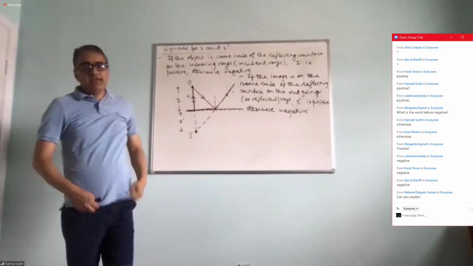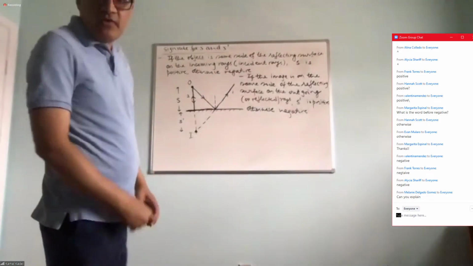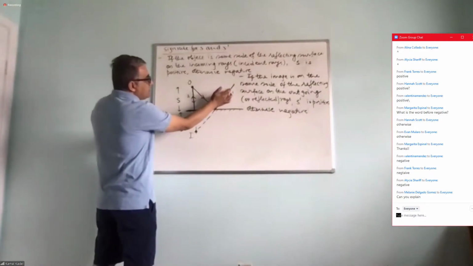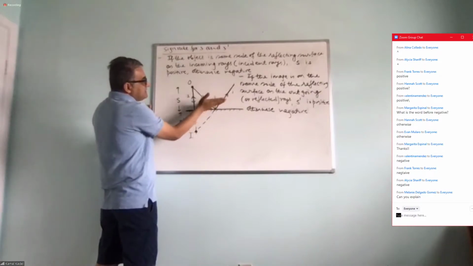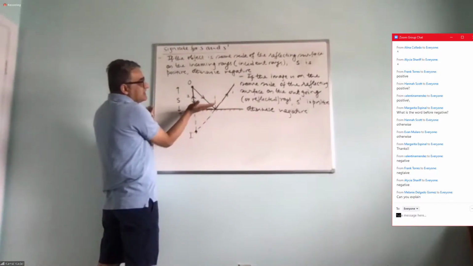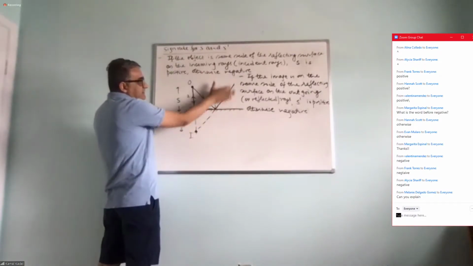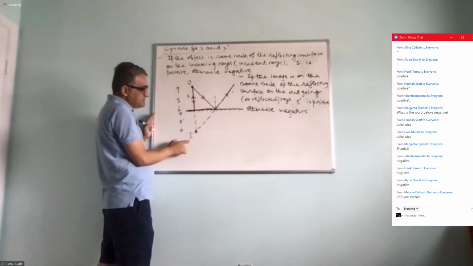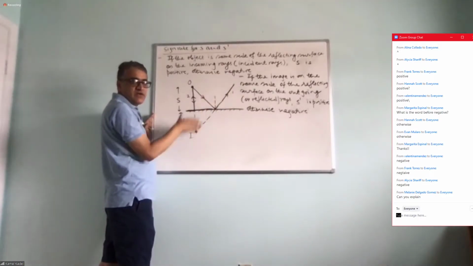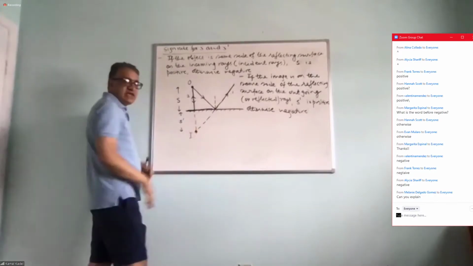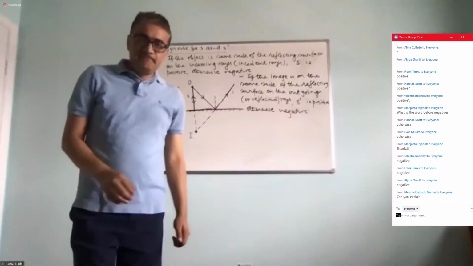Otherwise, it will be negative. You understand now? These outgoing rays are on this side of the reflecting surface. However, the image is being formed on the other side. So that means this image has to be negative.